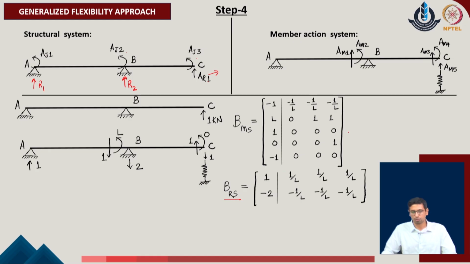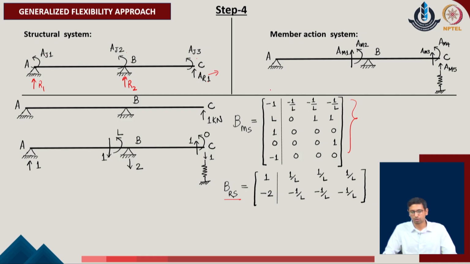So, the action transformation matrix and the reaction transformation matrix typically connect the member forces and the reactions of the given system with respect to the structural forces which have been identified in the given problem. I think this procedure of individually identifying each of these components we are not showing again, but if you just do the free body diagram for all these determinate systems, you can evaluate these values.